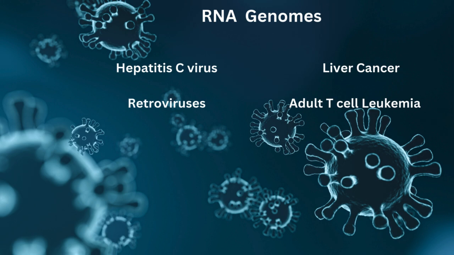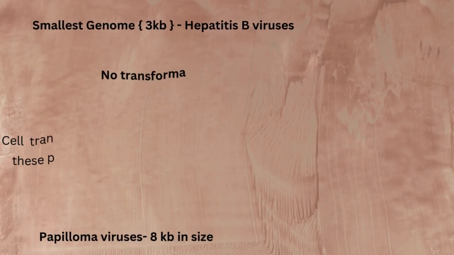So please remember, hepatitis B virus has DNA as its genetic material, whereas hepatitis C virus has RNA. Both lead to liver cancer. And retroviruses generally cause adult T cell leukemia. Retroviruses, or some other types of virus like human immunodeficiency virus, HIV, are all retroviruses. So adult T cell leukemia is also one of the cancers caused by viruses with RNA as their genomic material.